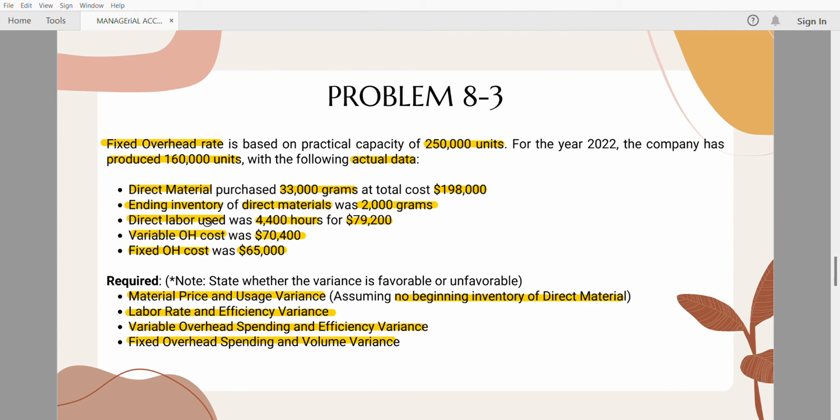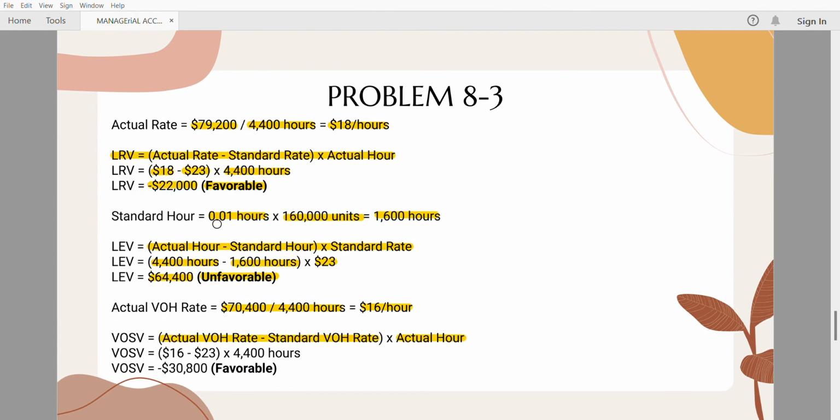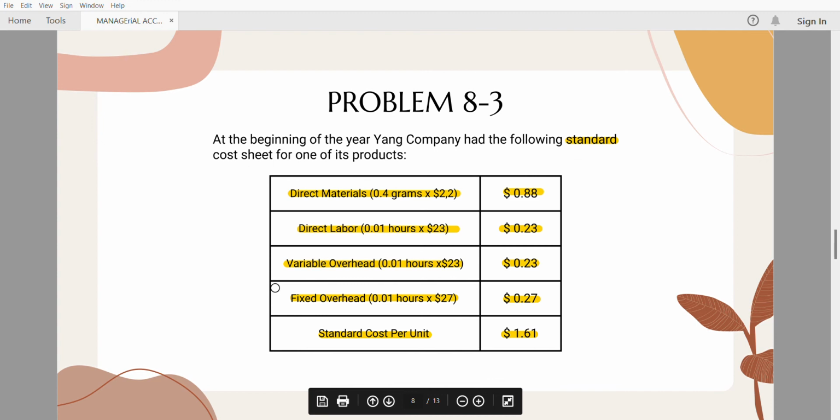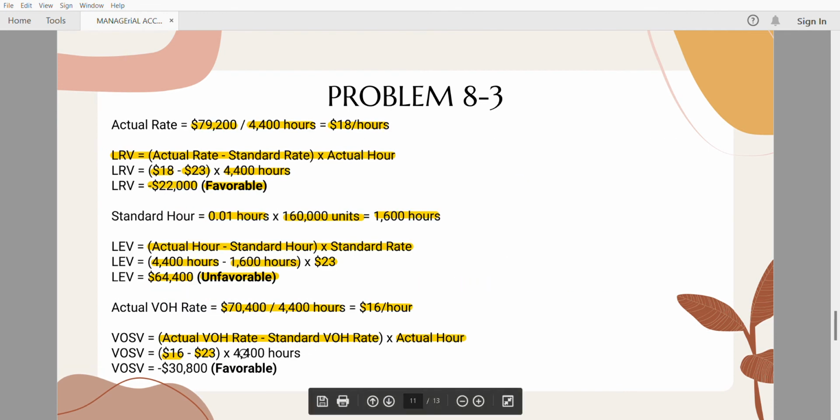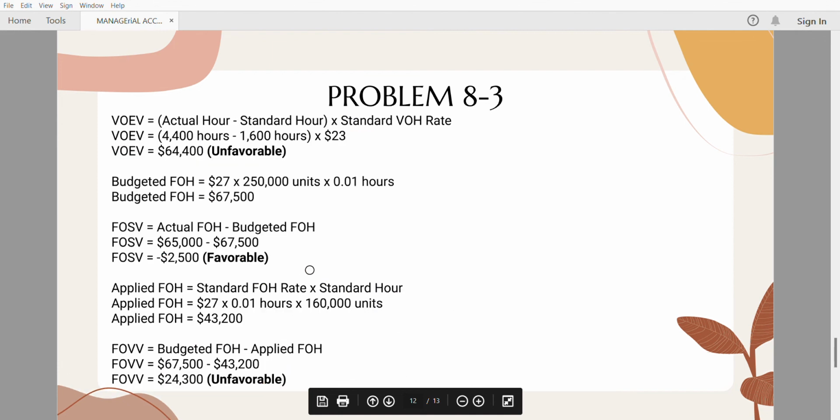It's labor, so that's why we use labor for this. Then we can calculate 16 minus 23. 23 is from the standard VOH rate, which is this. Then times 4,400 hours, and we get minus $30,800, and it's favorable since it is minus.